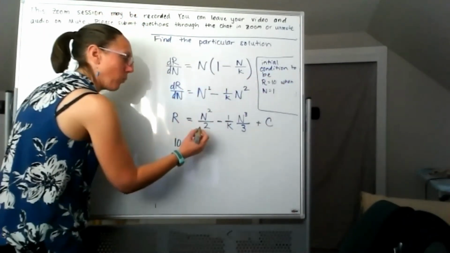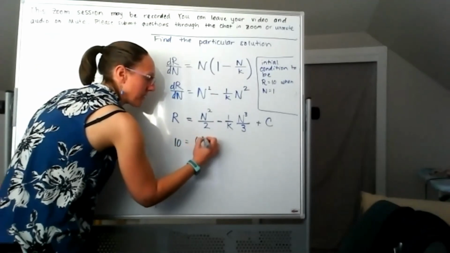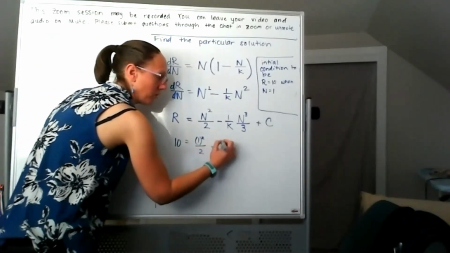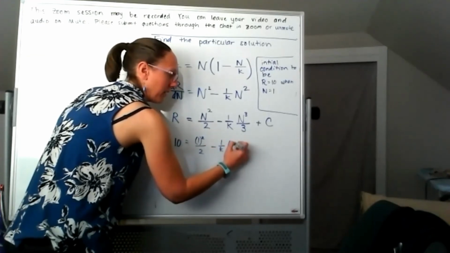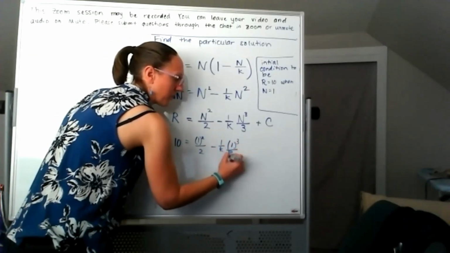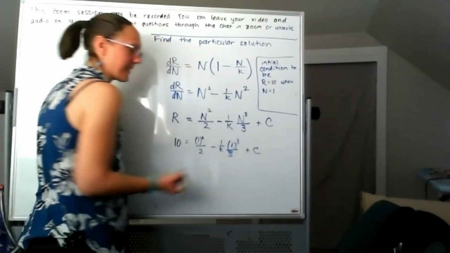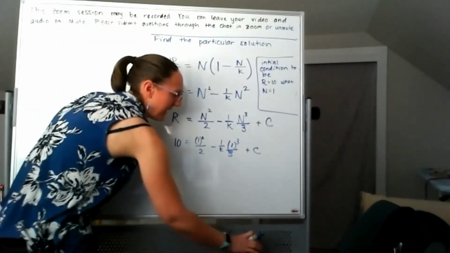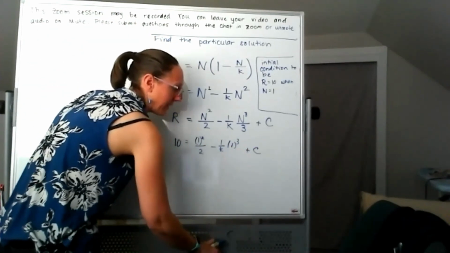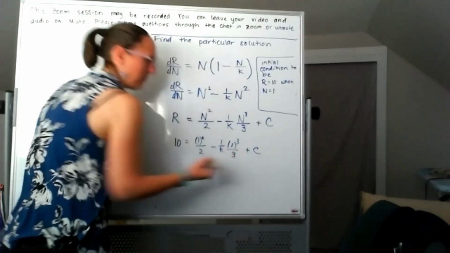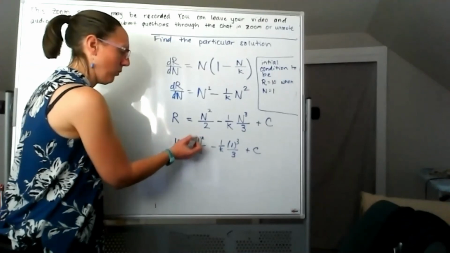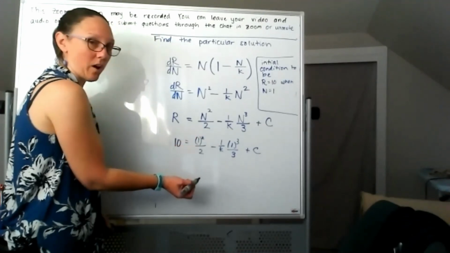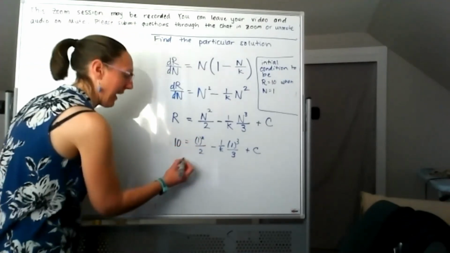So now if I plug in 1, I'd have 1 squared over 2 minus 1 over k times 1 cubed over 3 plus that constant. Now I intentionally made this algebraically a little bit messy, but we're going to survive. So 1 squared is 1, so that's just a half.